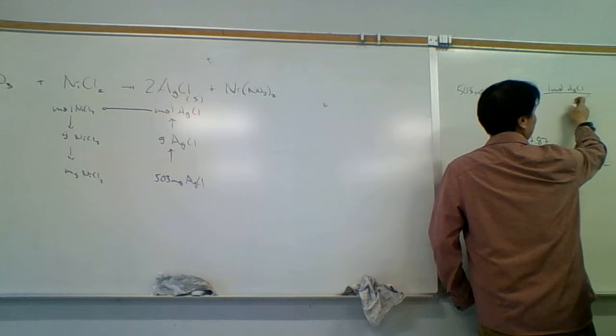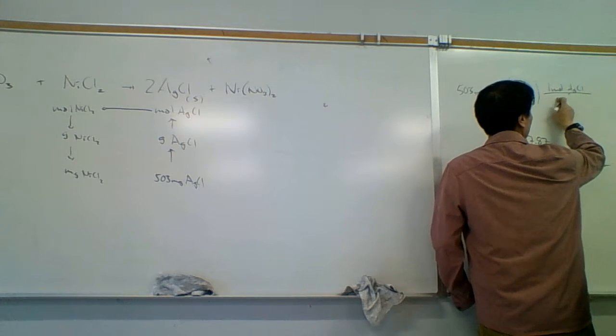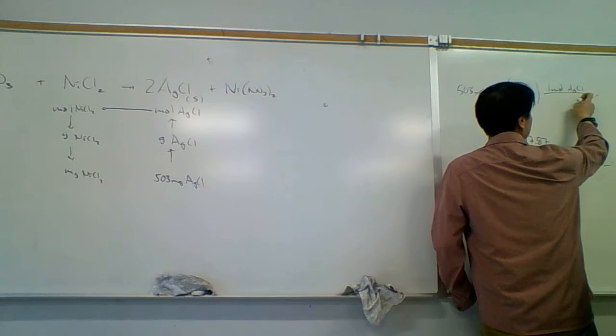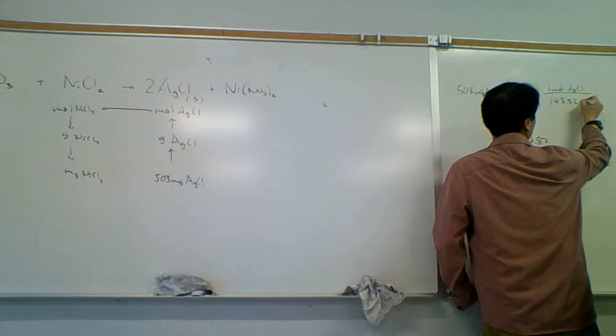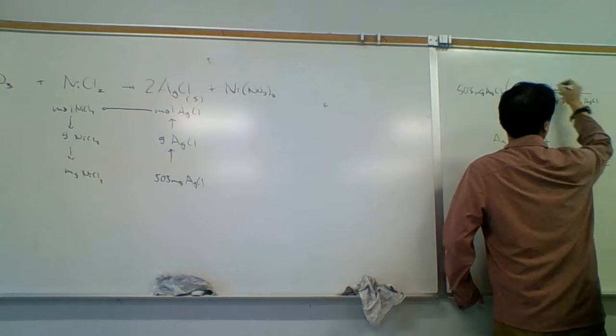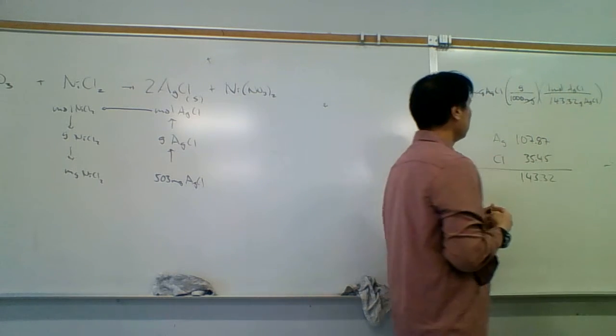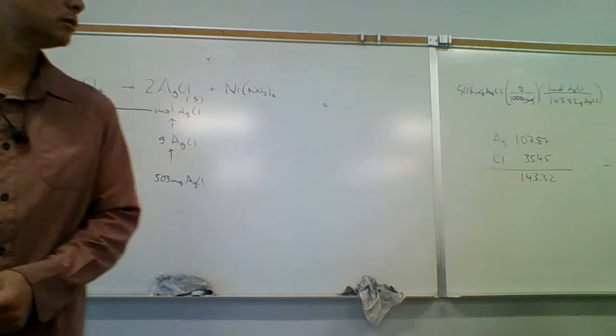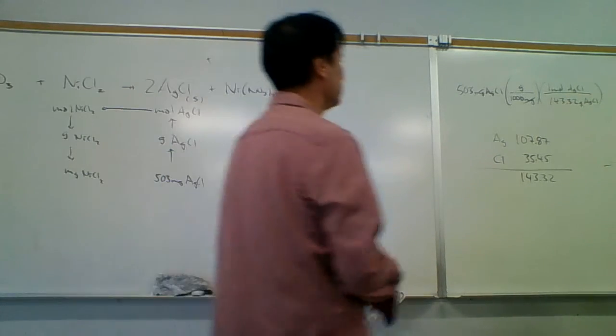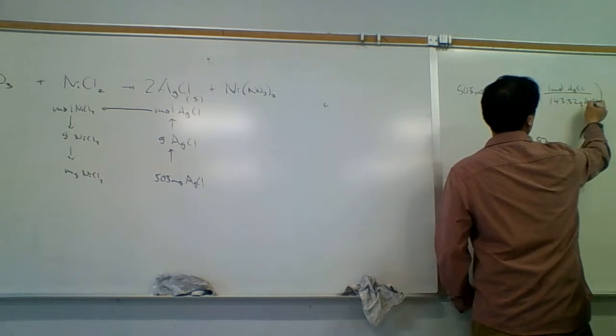Silver chloride is an ionic compound. It doesn't form molecules. So 1 mole of AgCl units weighs 143.32 grams. And so this will allow us to do a gram to mole conversion here. We'll go from grams of silver chloride to moles of silver chloride.